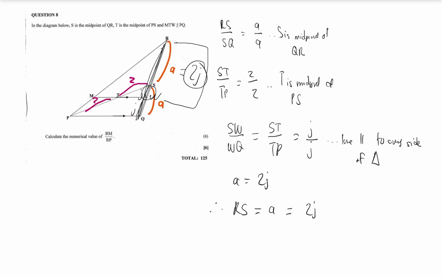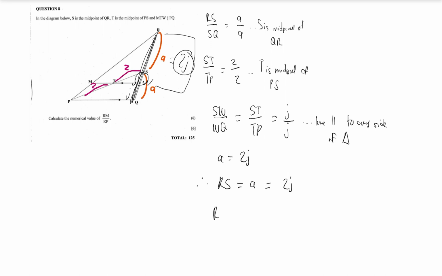So what we are going to have is that RM over RP is equal to RW over RQ. And we know that RW is equal to 2J plus J, and RQ we saw is 2J plus 2J.